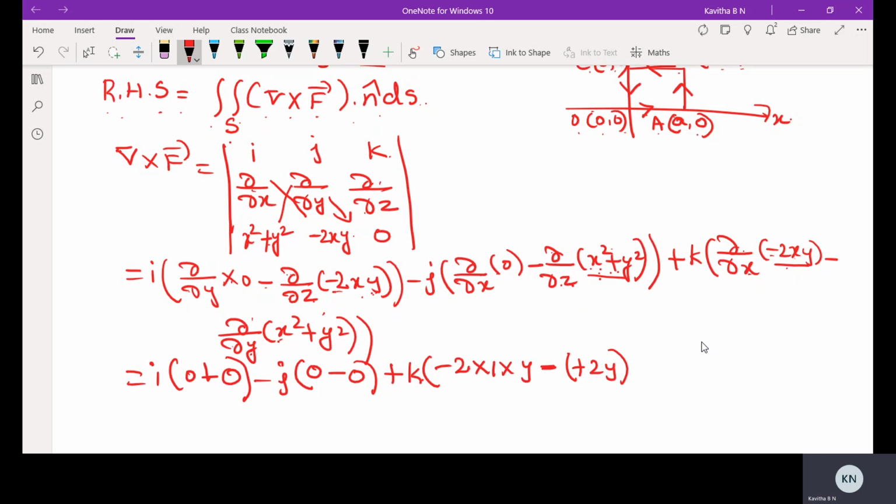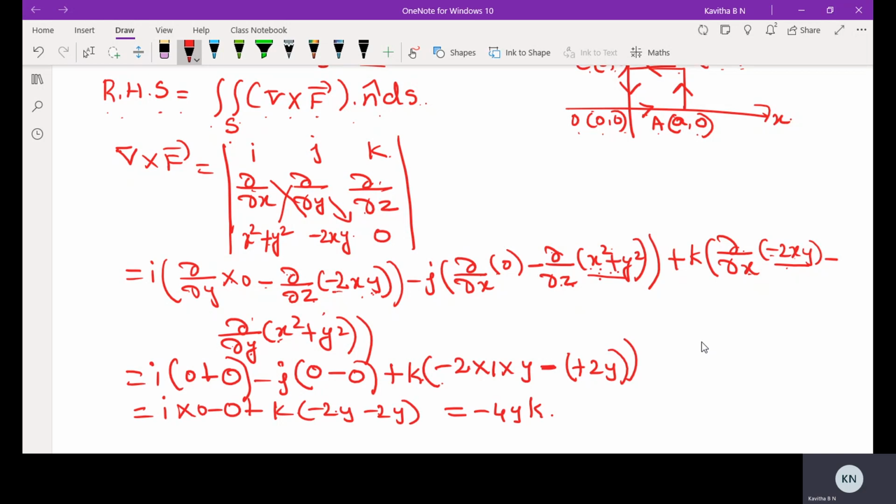Then i into 0, j is 0, and k is here minus 2y minus 2y. We will get plus k into minus 4y, that is minus 4y k.